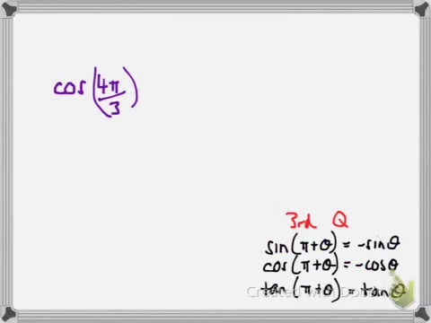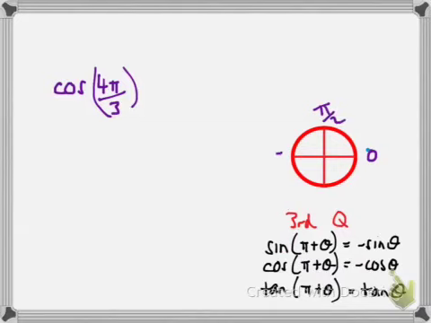Next one is cosine 4 pi on 3. Let's look at our unit circle. We've got 0, pi on 2, pi, and 3 pi on 2. 4 pi on 3, 4/3 pi. Where's that going to fit?